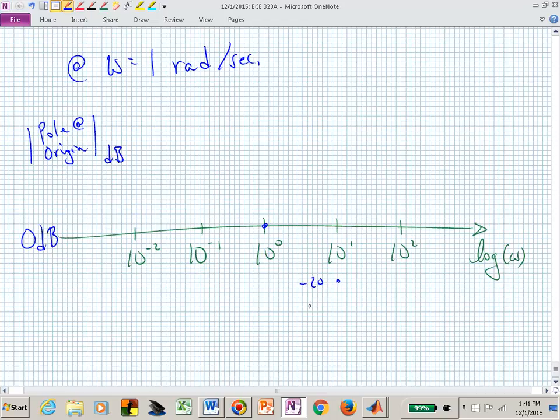A decade before that, where are we going to be? If it's always sloping, this one will be at plus 20. If we go to 100, where will we be? Minus 40, so that we now are doing this. There's our dot right there. Is that clear?